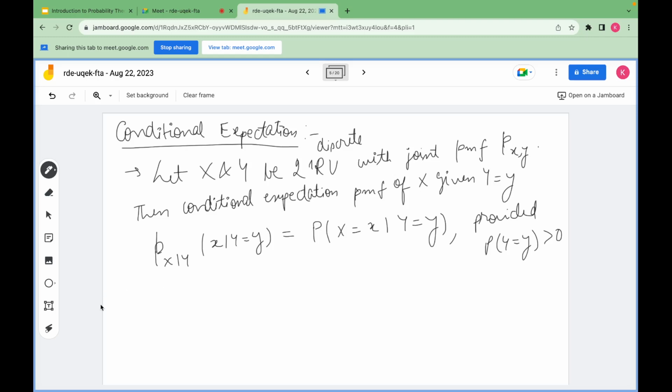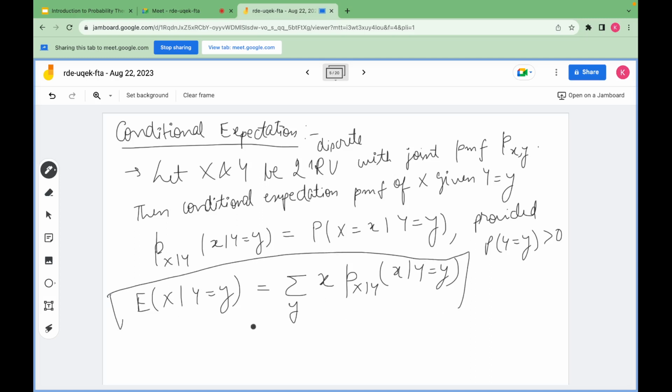So now this expectation is nothing but the summation of x times p_{X|Y}, and this summation is over x. So this will be a function of y.